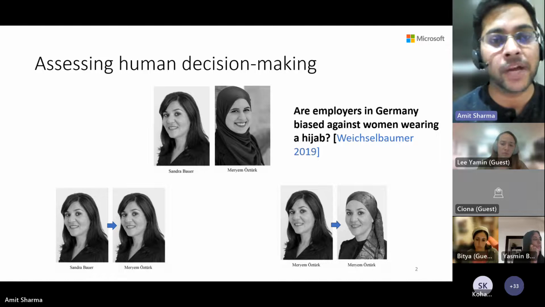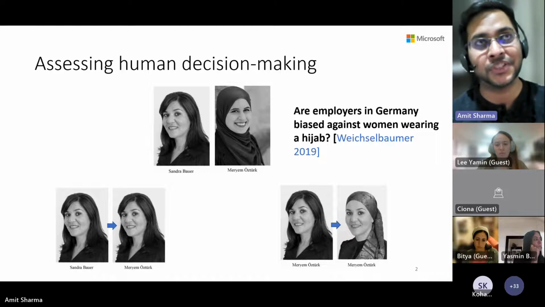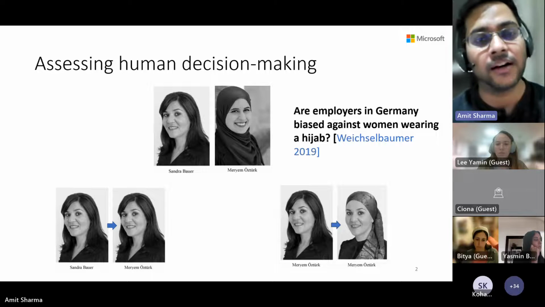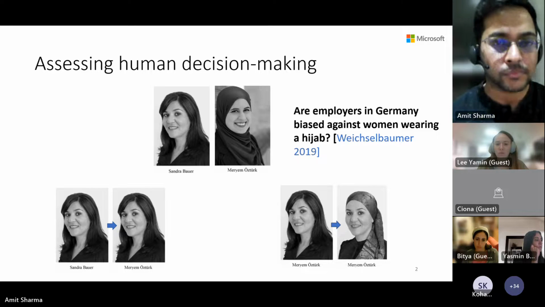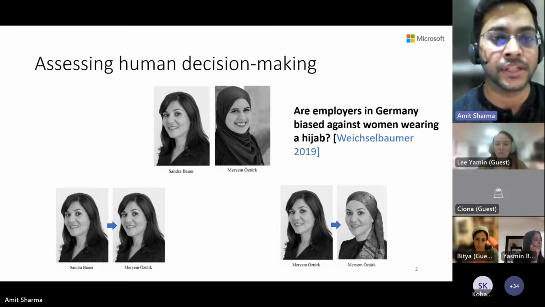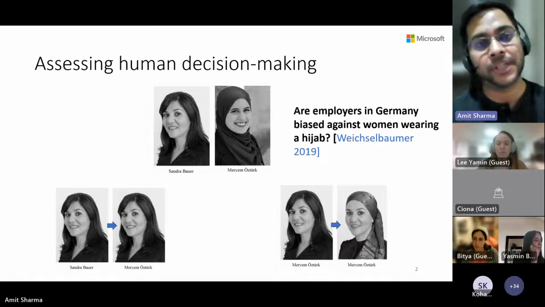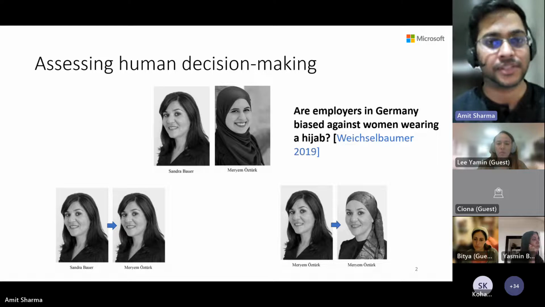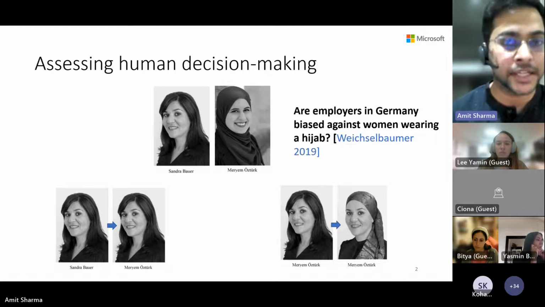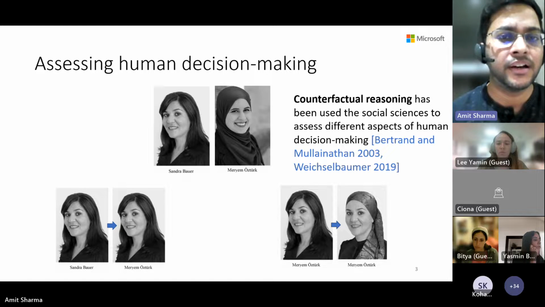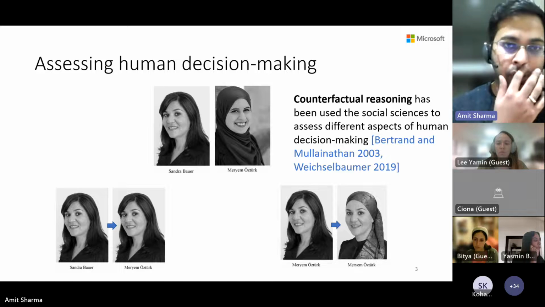Similarly, in this study, the researcher had the same woman either wear a hijab or not. Then they could find out whether there was a difference in job response rates if you changed only the hijab, but kept everything else constant in the CV. In this study, unfortunately, they did find that there was a bias, and I'd point you to this study if you want to learn more.